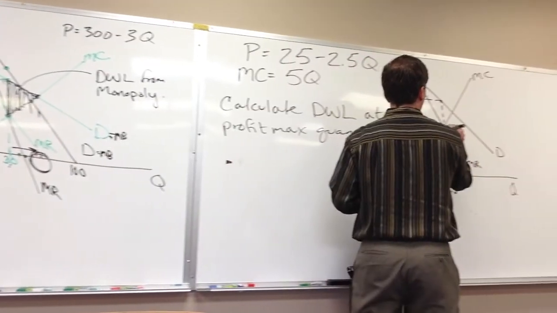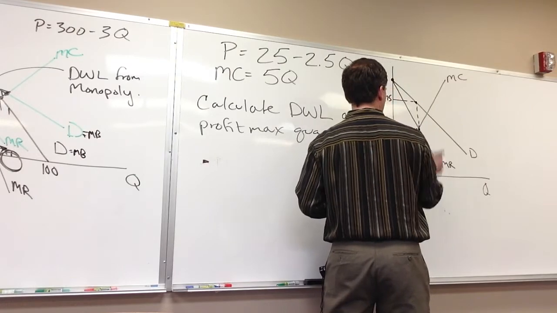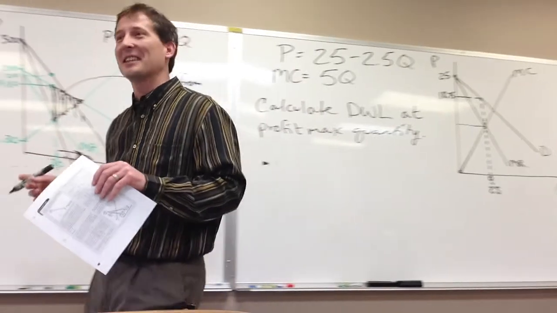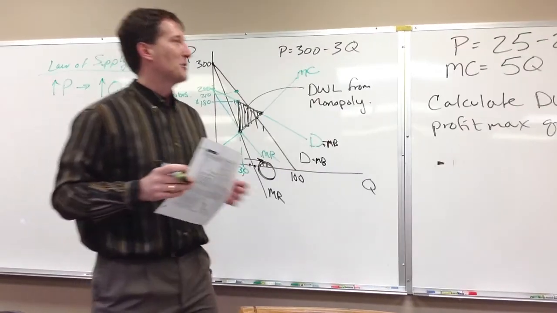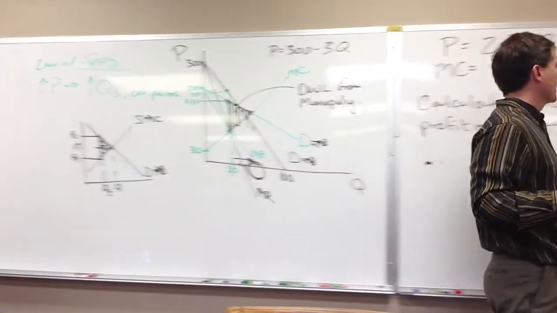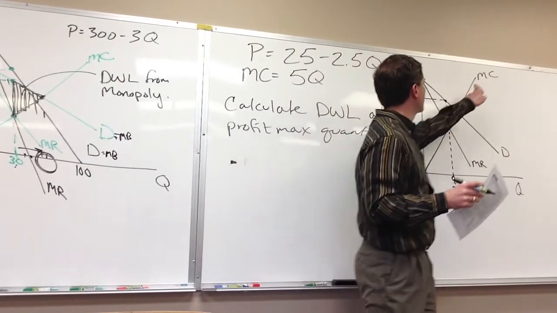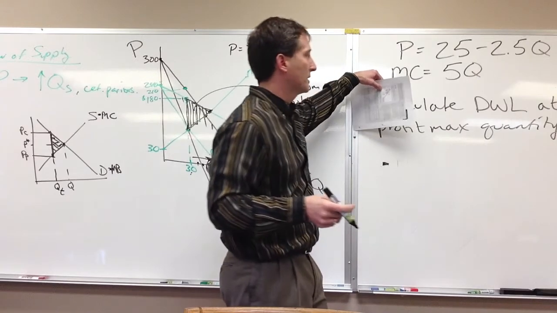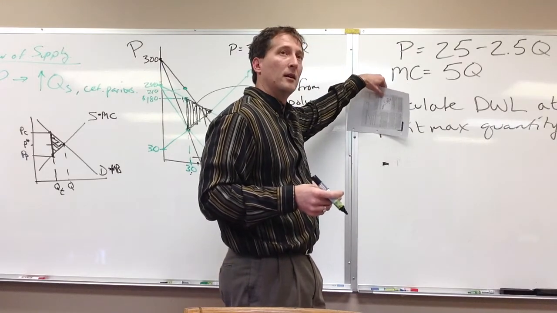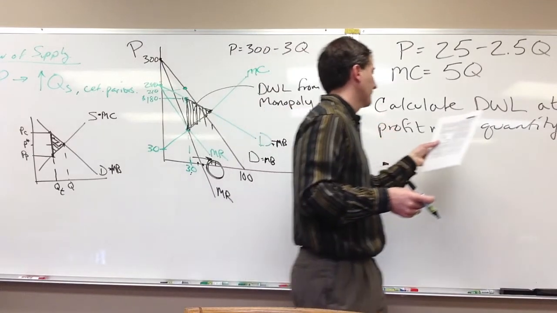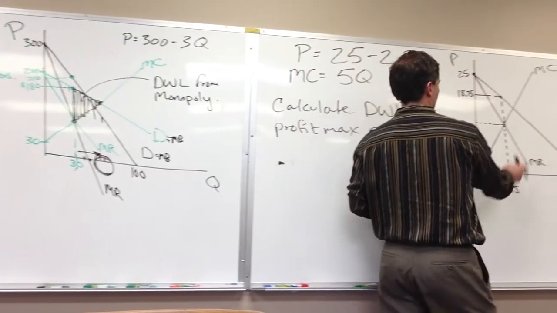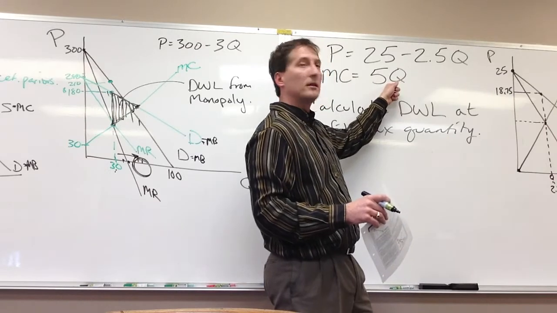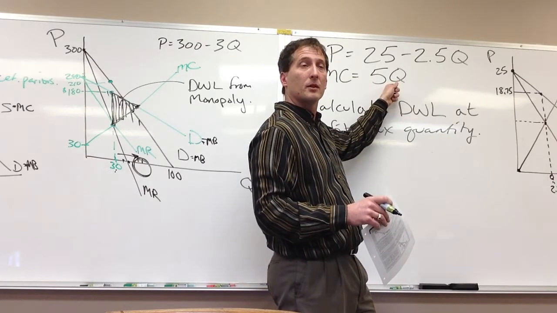Now, what was the revenue generated by the 2.5 unit? That was kind of hard to say. At 2.5, what is the marginal revenue? Or we could substitute it into the marginal cost, which might be a little easier given this function here. What do we get? 12.5.